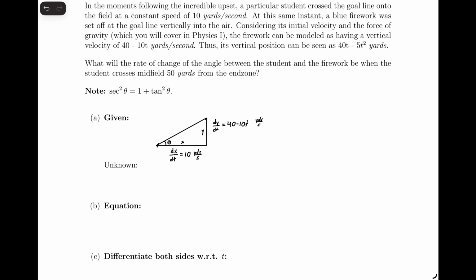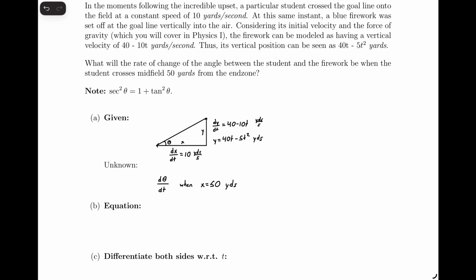With it being an equation, I don't really care as much about including the units, but it doesn't hurt. And we also have its position. That would just be y equal to 40t minus 5t squared yards. And our unknown is that change in the angle, d theta/dt. And that will be when the student is at midfield, which is 50 yards from the end zone.